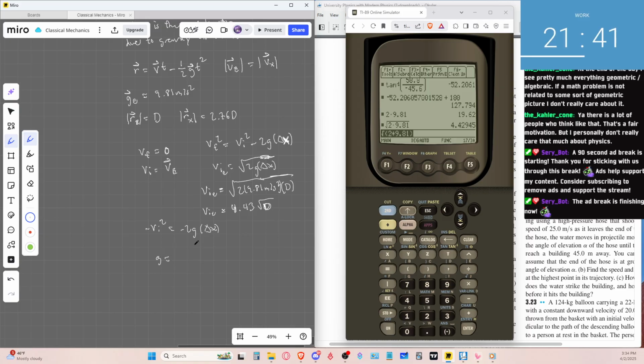So g would be equal to the initial speed squared. Actually, we can get rid of the negative sign. So we'll be left with 2.6d and then 2.